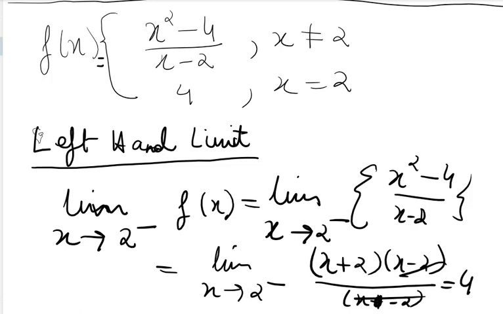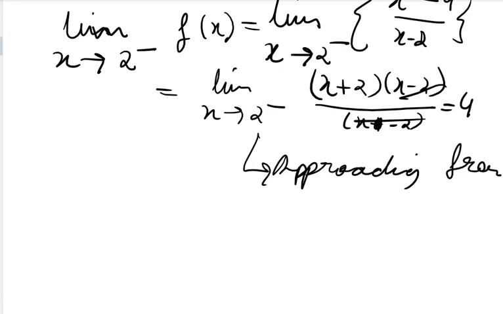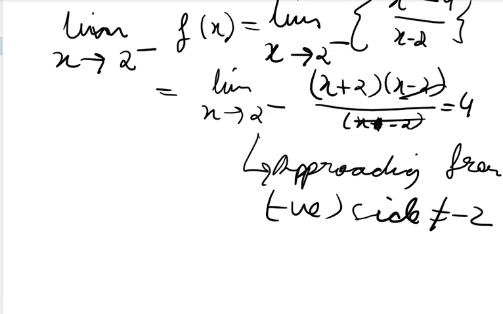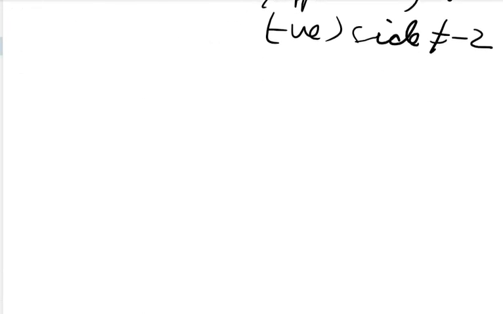We have to put the value of 2 because I told you that this 2 negative means approaching from the negative side. Okay, it is not equal to 2. Alright, so now we have found that limit x tends to 2 negative f of x is giving you the answer as 4. So let's now find the right hand limit also.